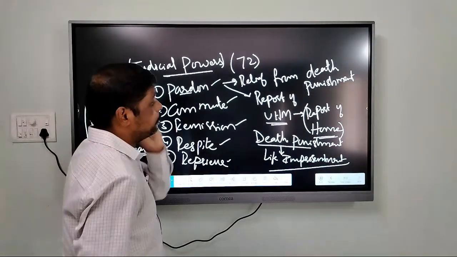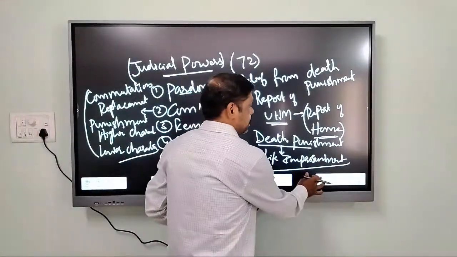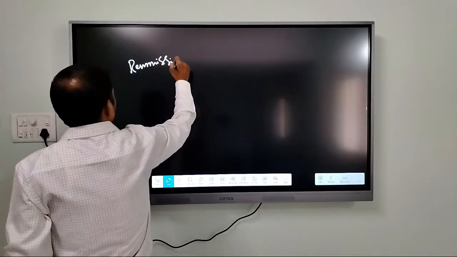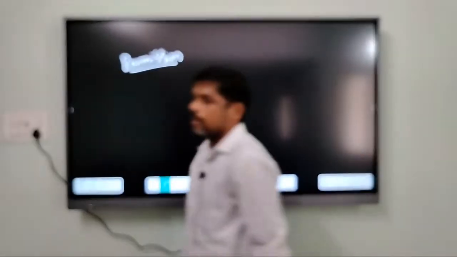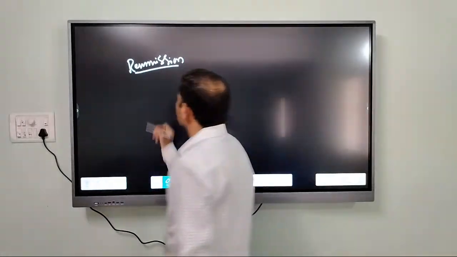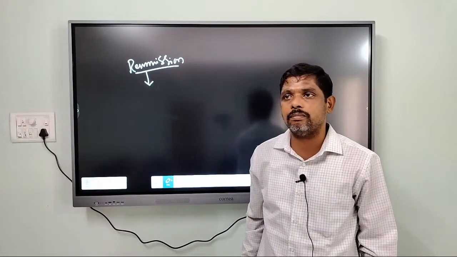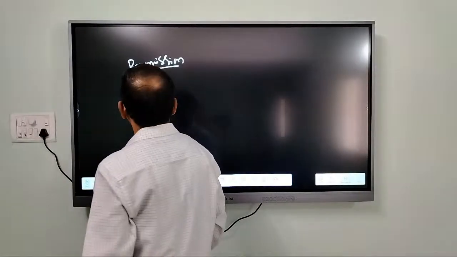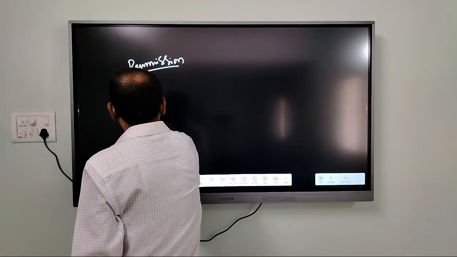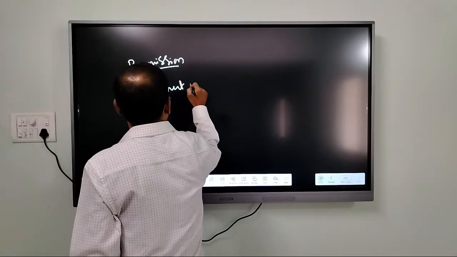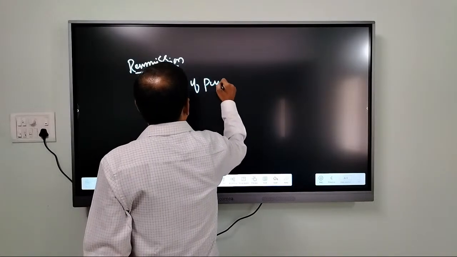Now coming to remission. Remission denotes that the amount of punishment is reduced. It is a reduction in the amount of punishment, right?